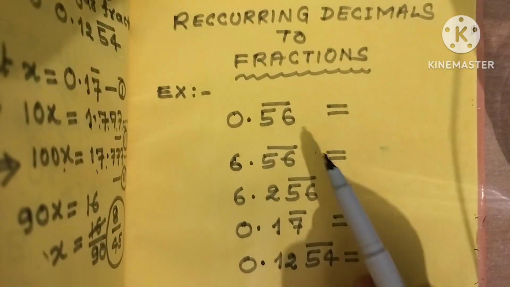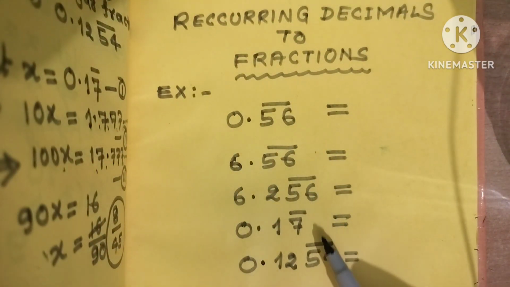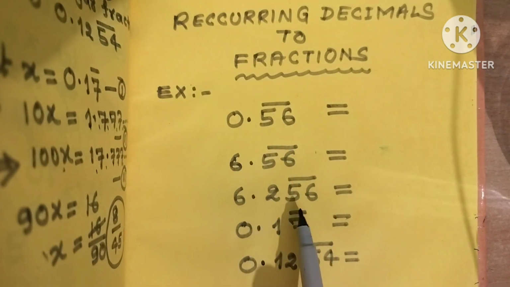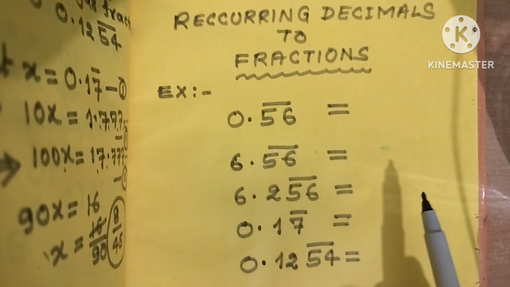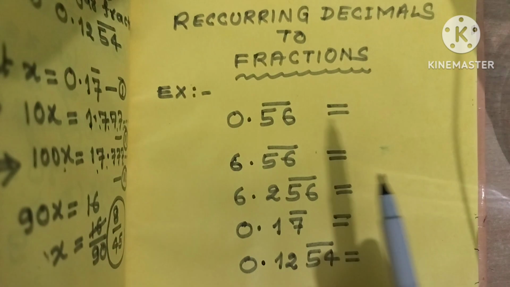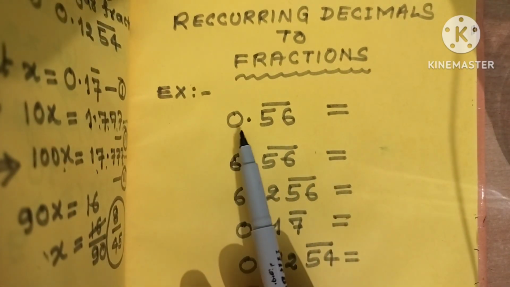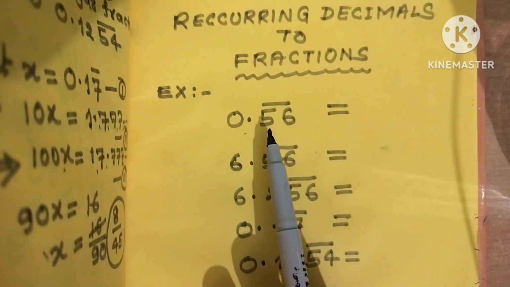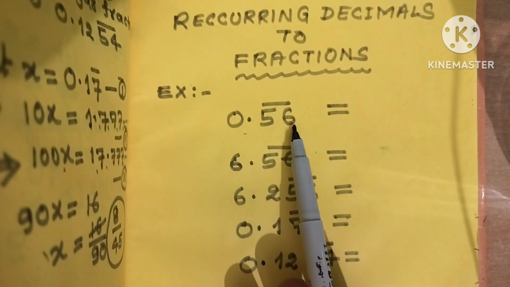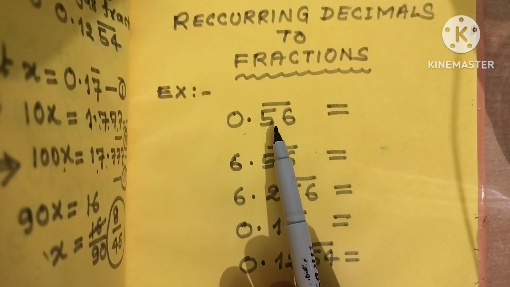Here some recurring decimals are given, and these recurring decimals are pure recurring decimals and mixed recurring decimals. For example, 0.56 bar. So this bar is given on each digit after decimal point.